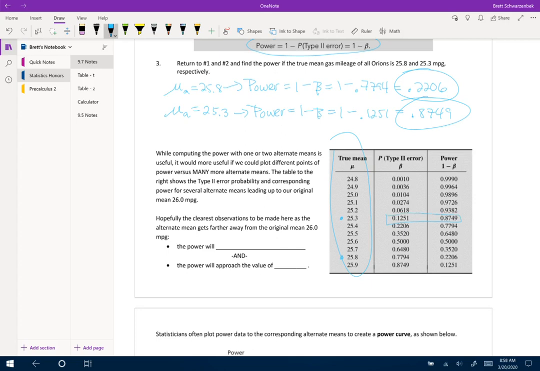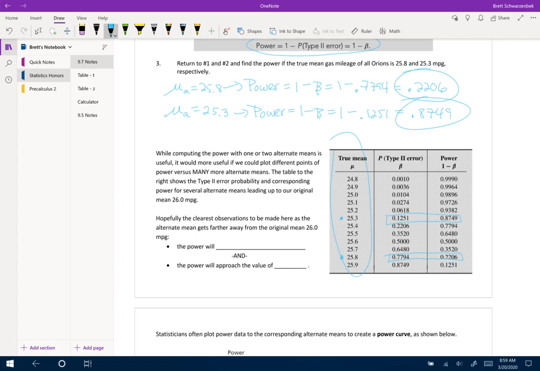These are the problems we did. But it would be ideal to have all of the alternative means to check how the power of this test is behaving. We, of course, are not going to calculate all these, so I brought them in as an easy look at what the power is going to do. This is a good way to look at the power.